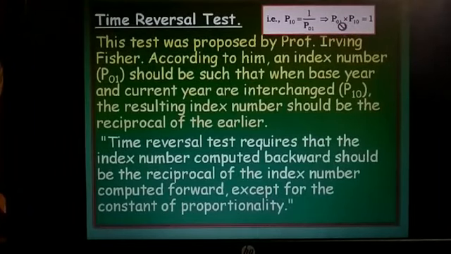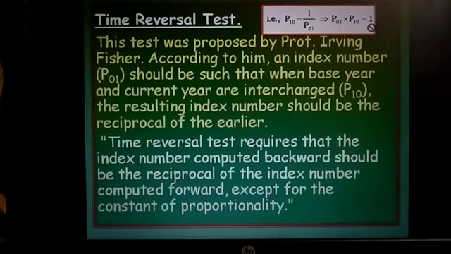When you multiply these two, the price index number in current year 1 as compared to base year 0, multiplied by the price index number in base year 0 as compared to current year 1, when you perform the multiplication in this way, it should result in unity.